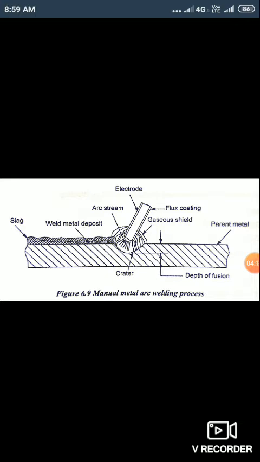A transformer or generator is used for supplying the current, and this current produces the arc. The depth to which metal is melted and deposited is called the depth of fusion.